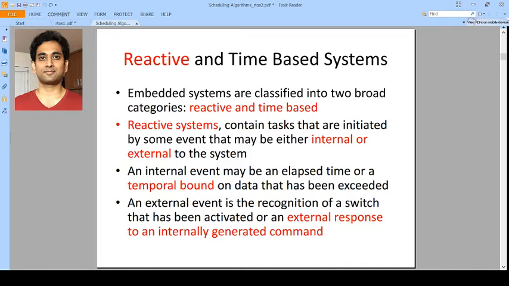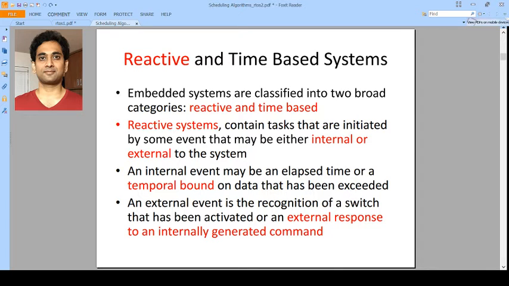Reactive systems contain tasks that are initiated by some event, and this event can be internal or external to the system. So in other words, a reactive system is reacting to an event. It has no sense of time.